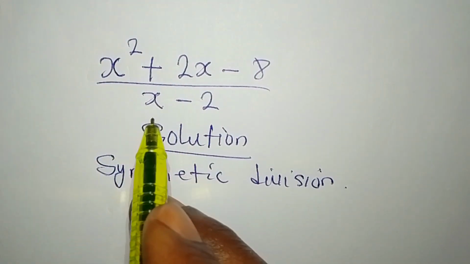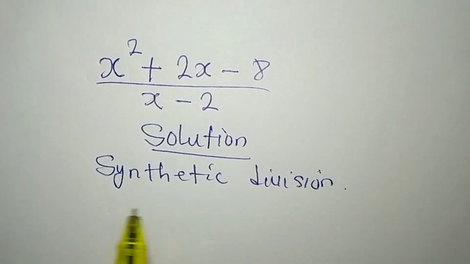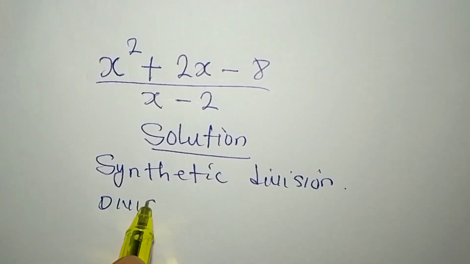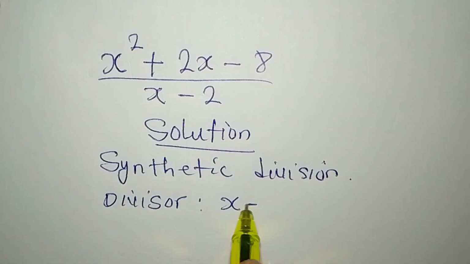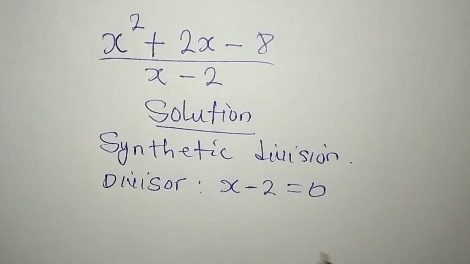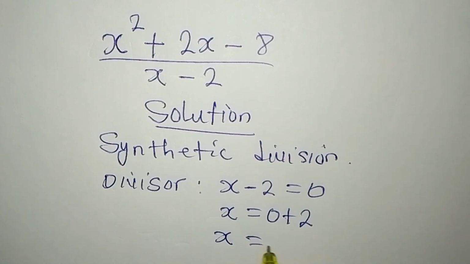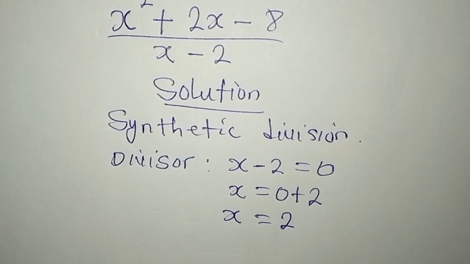Remember, the divisor is the denominator you have. So x minus 2 is our divisor, and I can equate it to 0. From there, x equals 0 plus 2, so our x is 2. So we got that from the divisor.